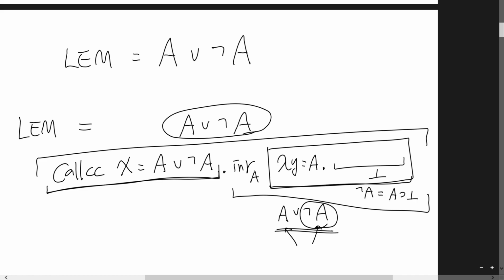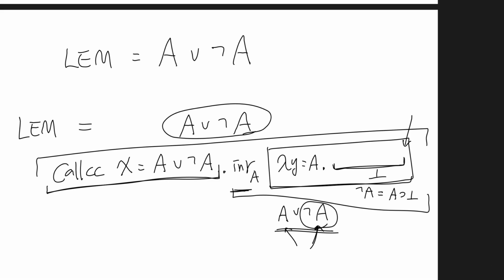Now you are supposed to find a proof term of type bottom. At this time, we realized that the previous choice of injection right, that is, the previous decision to take this right branch, is wrong. So we'd like to go back in time and then correct the wrong decision.